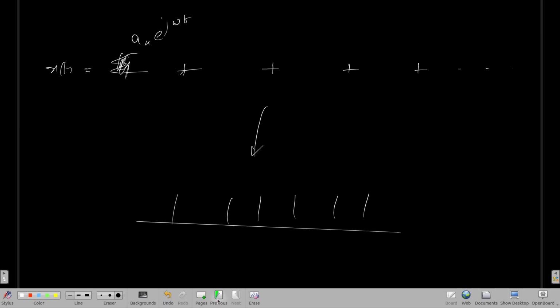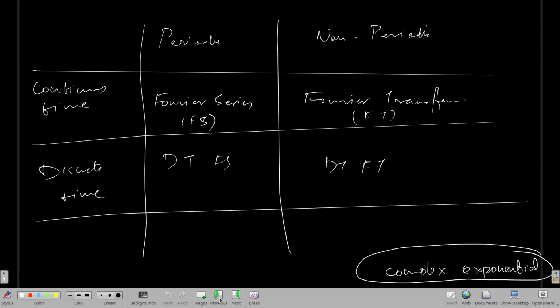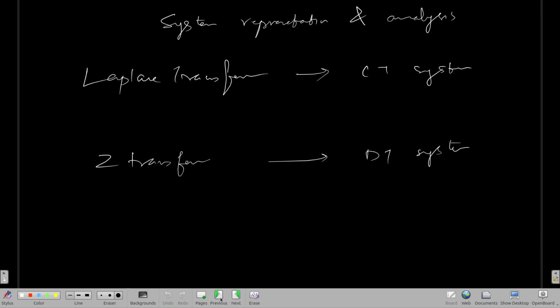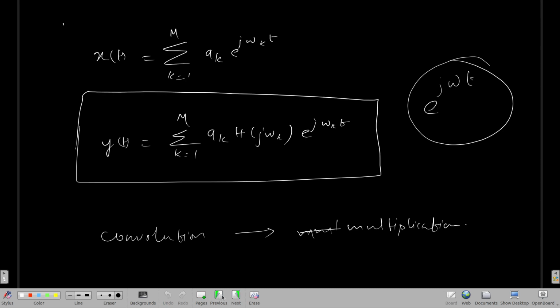So I'm going to leave you there, and if possible, please do some digging up regarding the complex exponential, what this is, right? Because this is very crucial to our endeavor.